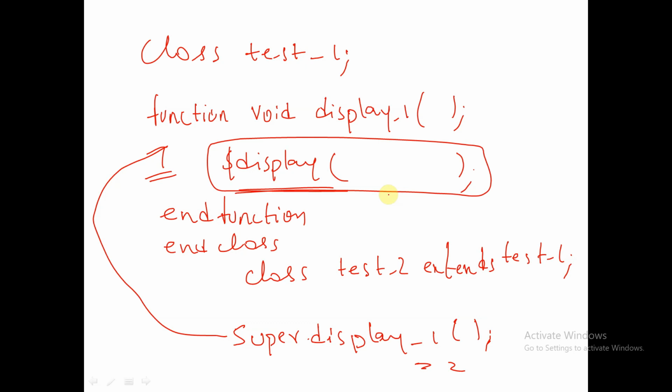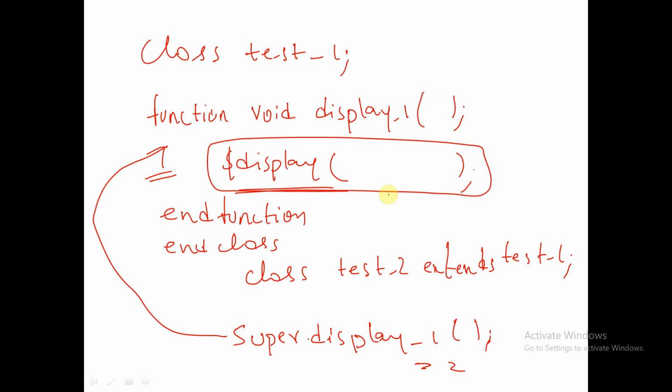Can you repeat again? Yeah. So in class test_1, what I have done is I have written a void function called display_1, and I am displaying something. And I have created a child class called test_2, which is extending from test_1. And I am calling the function which is declared inside my test_1 with the help of the keyword super.